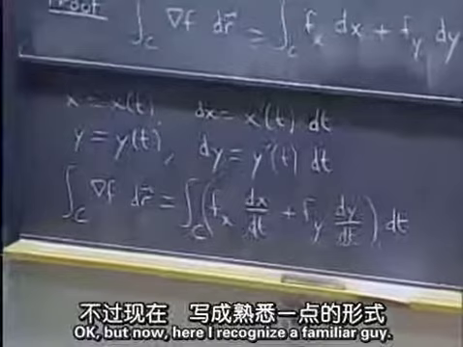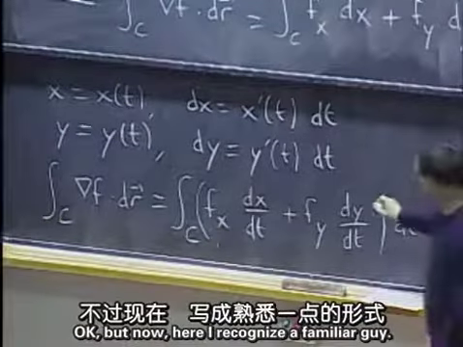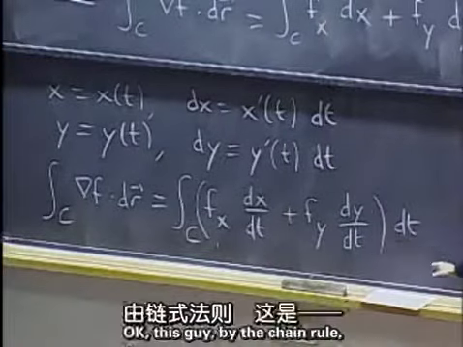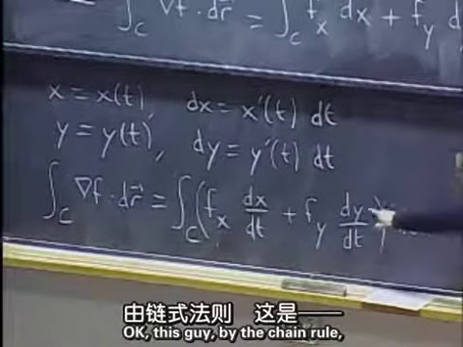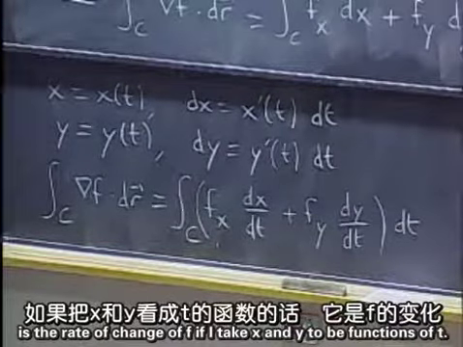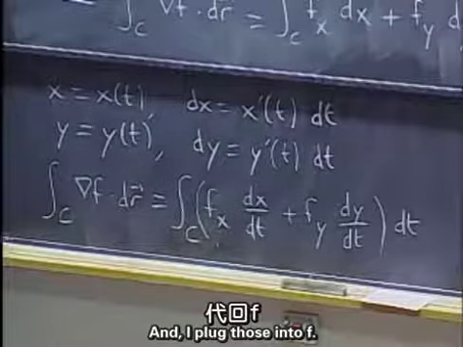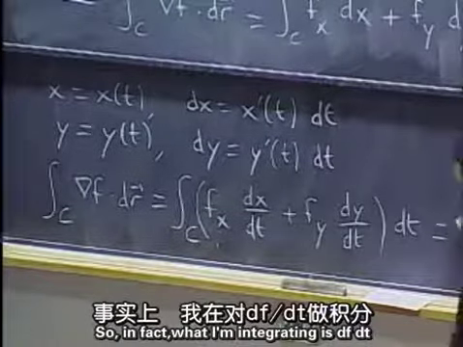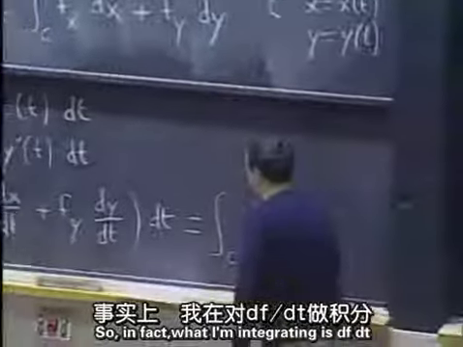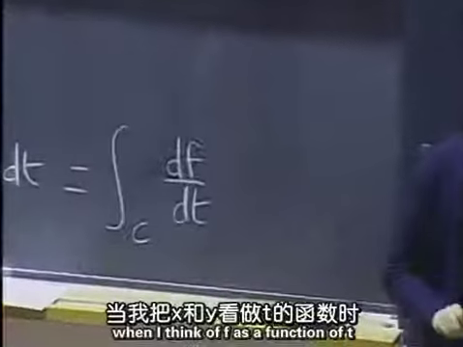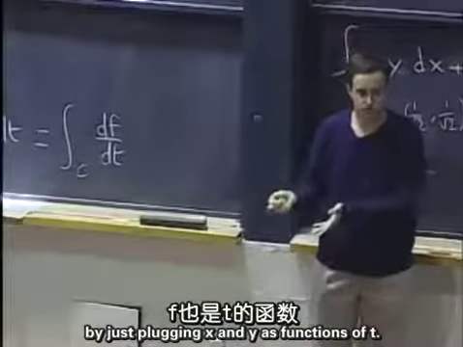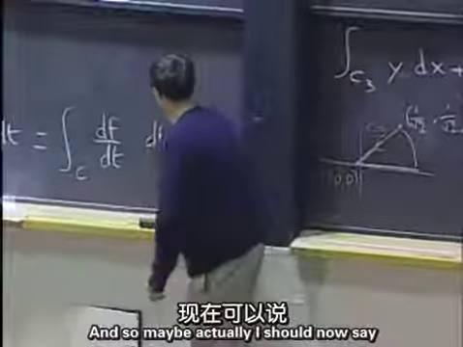Okay? But now, here I recognize a familiar guy. I've seen this one before in the chain rule. Okay? This guy, by the chain rule, is the rate of change of f if I take x and y to be functions of t, and I plug those into f. So in fact, what I'm integrating is df/dt when I think of f as a function of t by just plugging x and y as functions of t, dt.